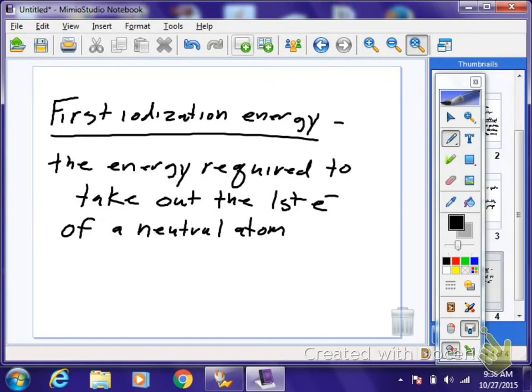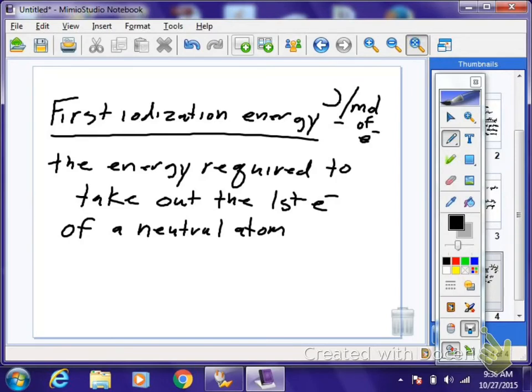So we're going to take an electron out. And so there's some different energies associated with this. These are energies that are not just the first electron, but the first mole of electrons. And so the unit used for first ionization energy is joules per mole of electrons.